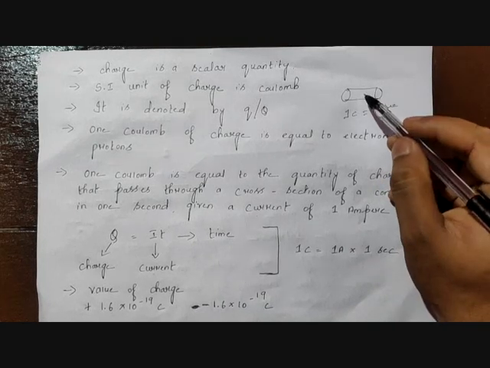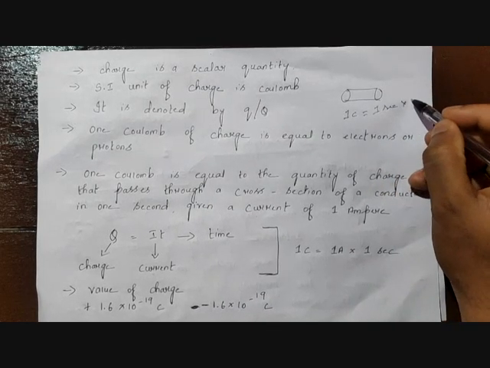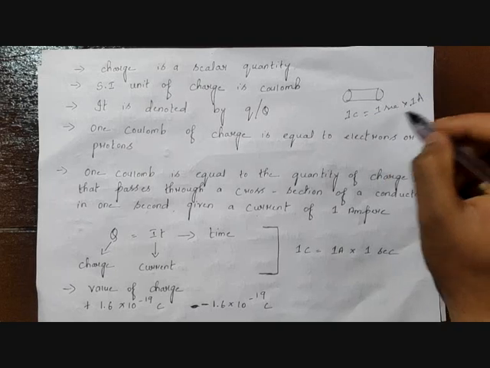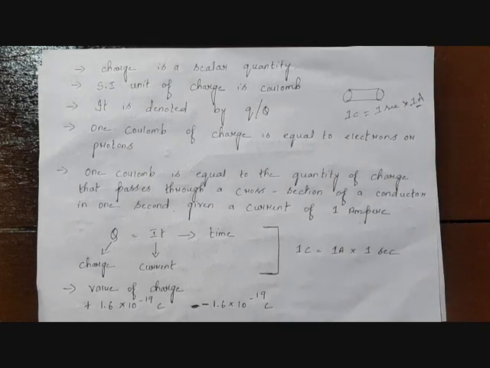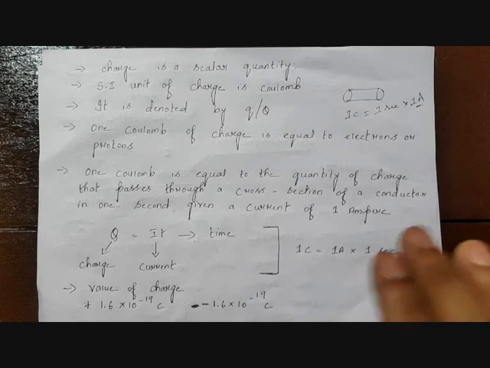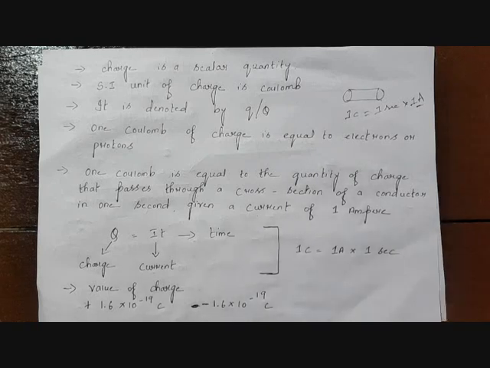But remember one thing here, the current should be 1 ampere. What's ampere? In class 10 you've learned these things. Ampere is the unit of current. So what's one coulomb? One coulomb is simply the charge that flows through a conductor in 1 second, and remember, in that conductor the current should be 1 ampere.